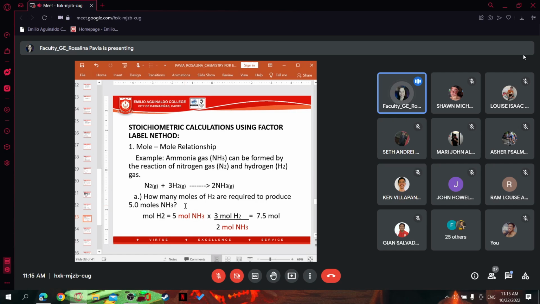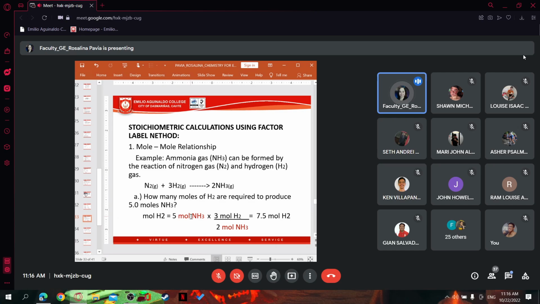So just like our dimensional analysis in converting units, start with the given. We start with 5 moles of ammonia. Yan yung given. Tapos, you relate it with the coefficient sa equation.